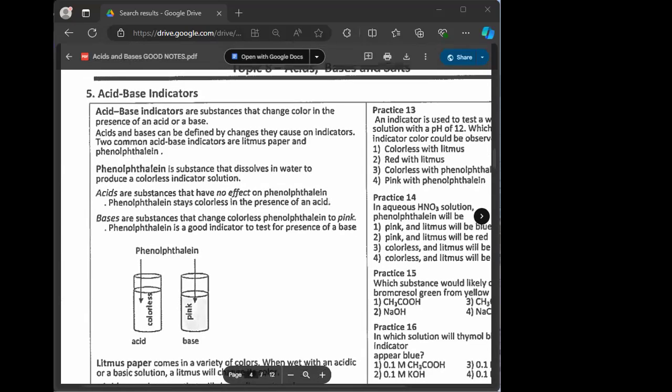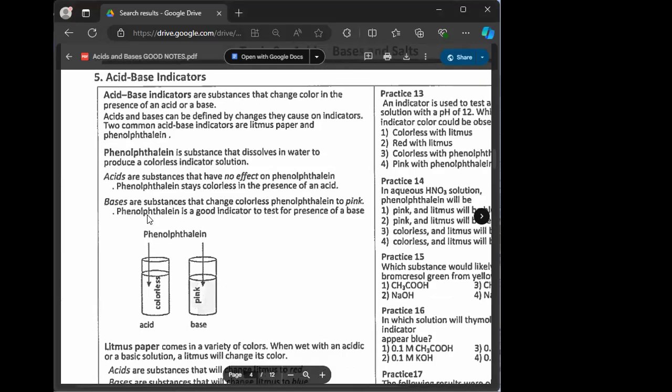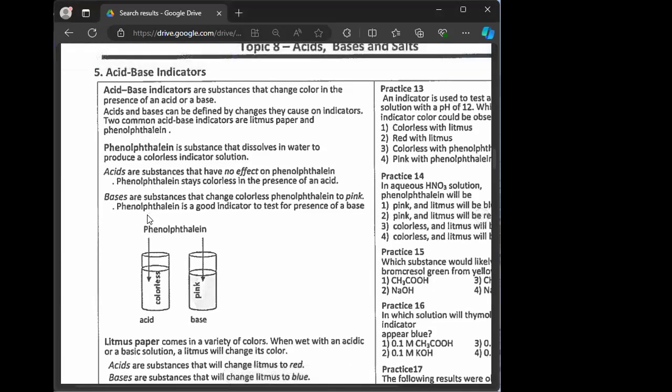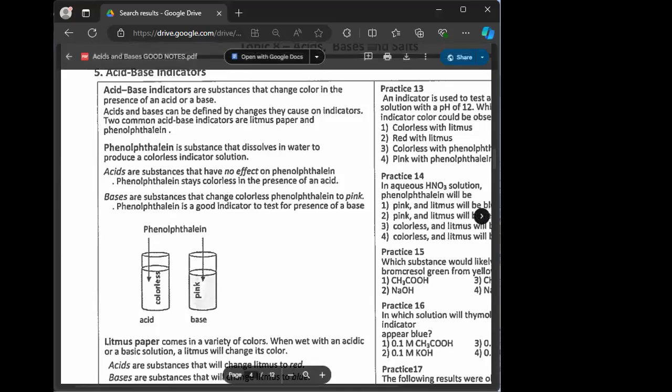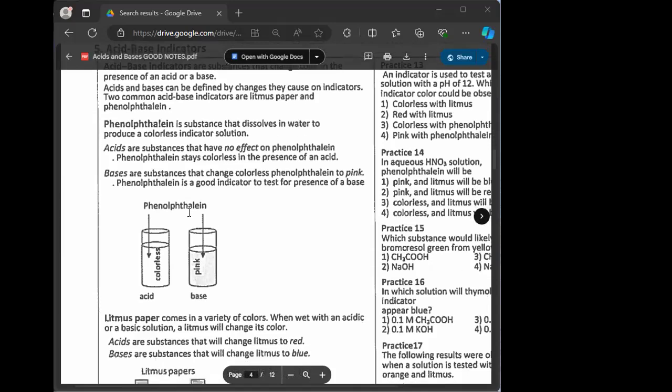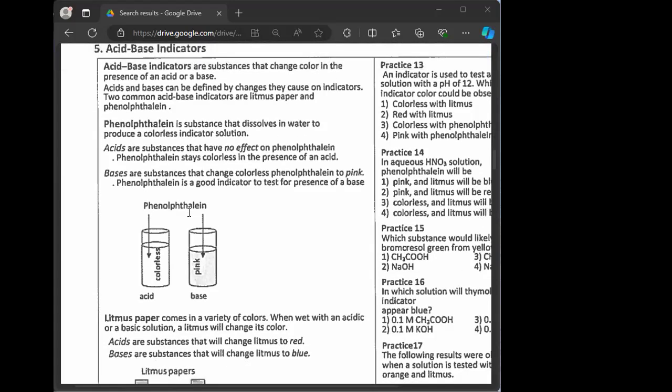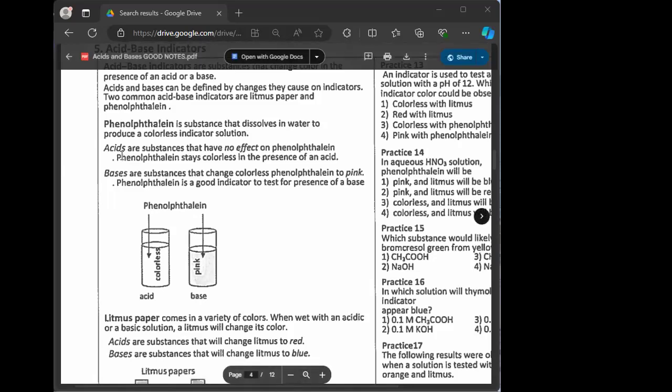Okay, so let's take a look at pH indicators. The common pH indicators are litmus paper and phenolphthalein. Phenolphthalein is a substance that dissolves in water to produce a colorless solution.